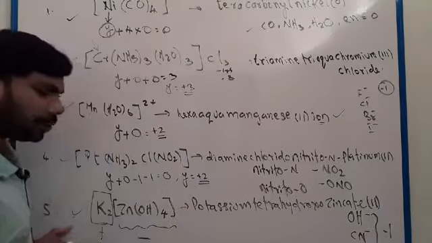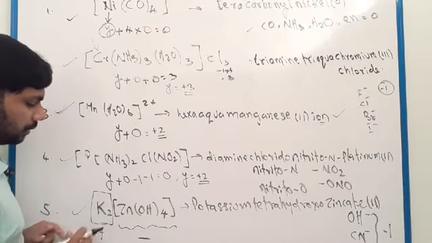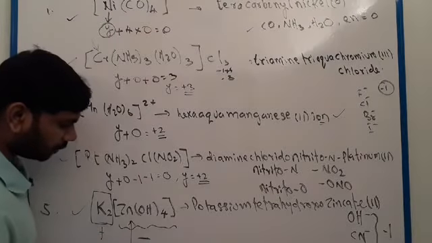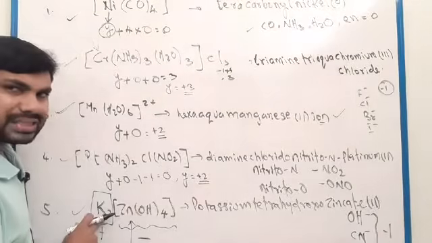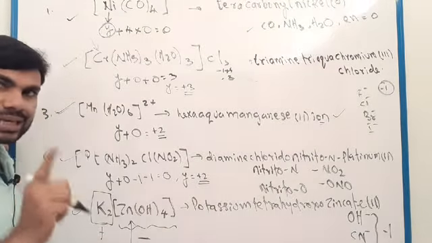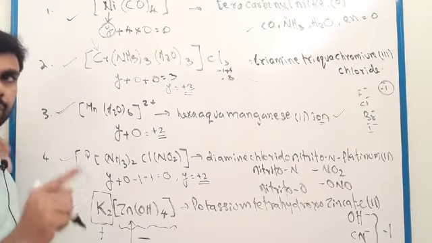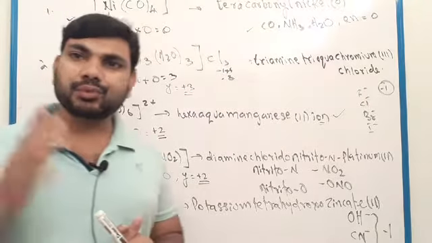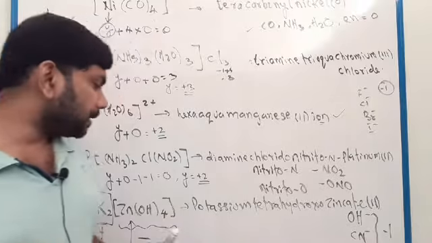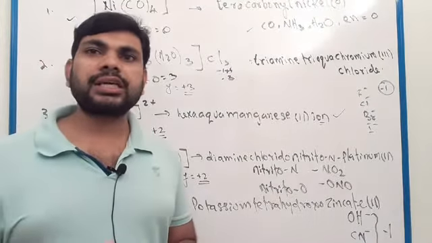Let us check how the charge of zinc comes as 2. Look here, we want to find the charge of zinc. Here potassium is in group 1. In the periodic table, lithium, sodium, potassium, rubidium, cesium are group 1 elements, and they have +1 oxidation state. Group 2 has +2 oxidation state. But zinc is a transition metal, so we cannot predict its oxidation state.